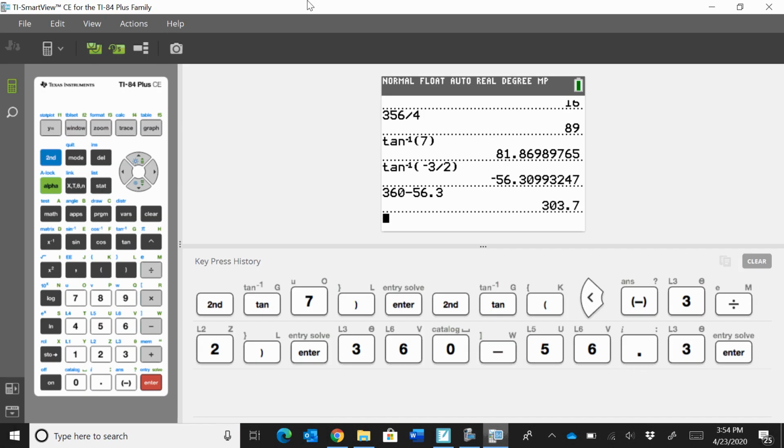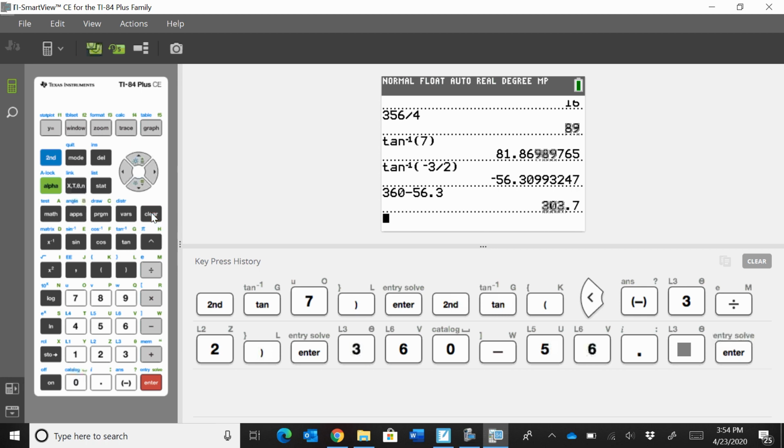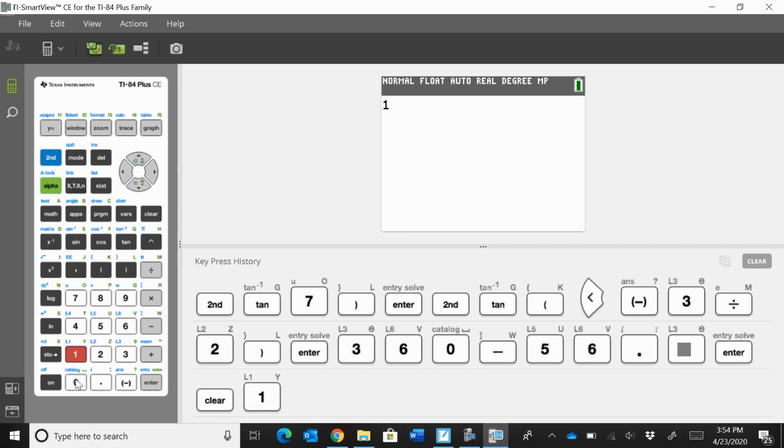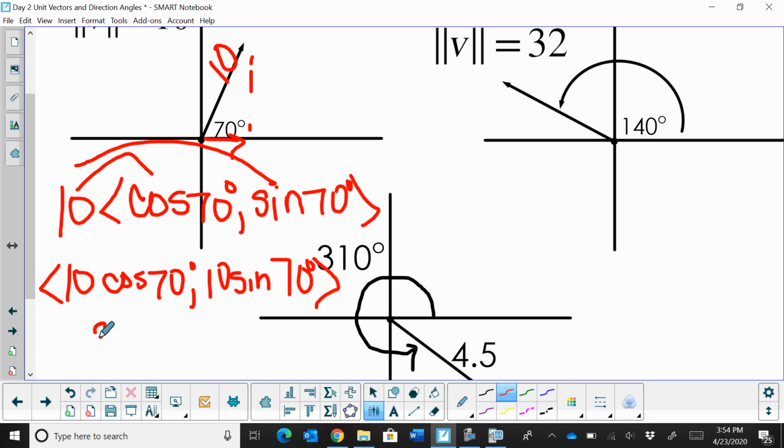So let's go back to our calculator. We're going to do 10 times the cosine of 70, so we can see what that distance is. That's 3.42. So let's write that as 3.42, and 2 decimal places is plenty.